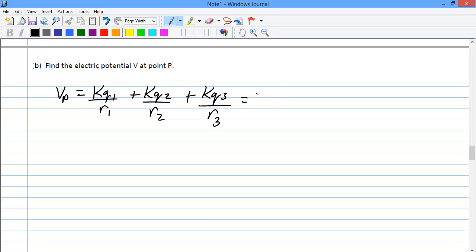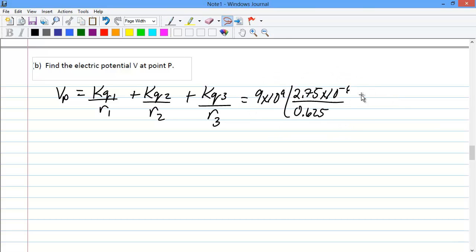So what I can do is take out the K, since it's common to all of them, factor it out, and then Q1 is 2.75 times 10 to the negative 6 divided by 0.625.